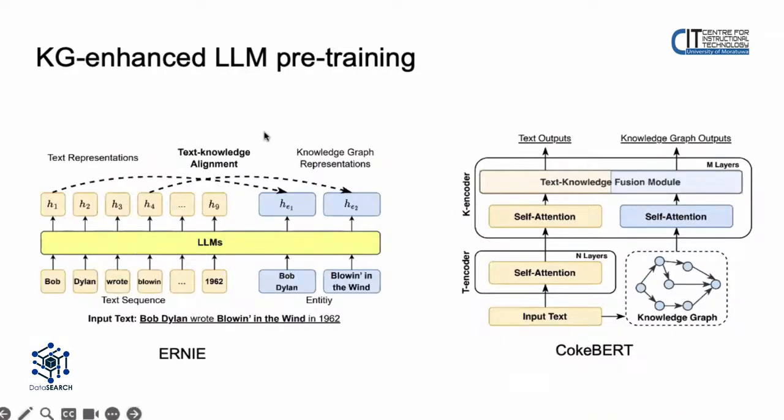On this left image, it shows how it encodes entities and text data. Given an input text, it takes the text sequence and also the entity sequence, gets the embeddings for both, and inputs them into LLMs. We know how text is encoded in models like BERT and Roberta, but for entities, there are ways to learn entity embeddings in knowledge graphs.